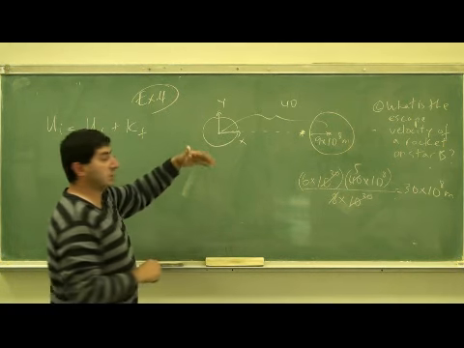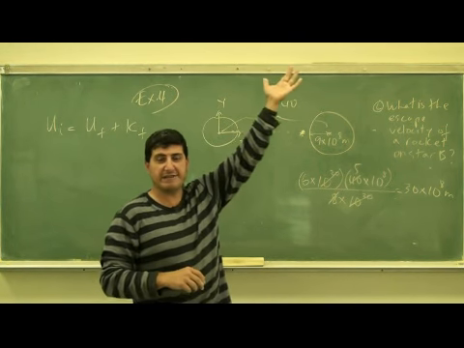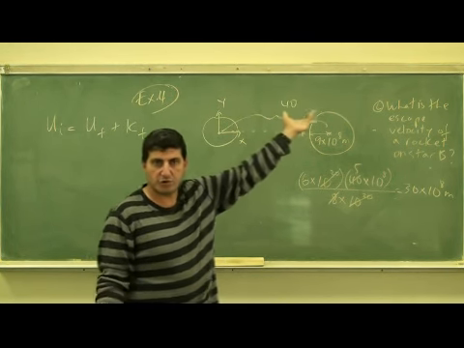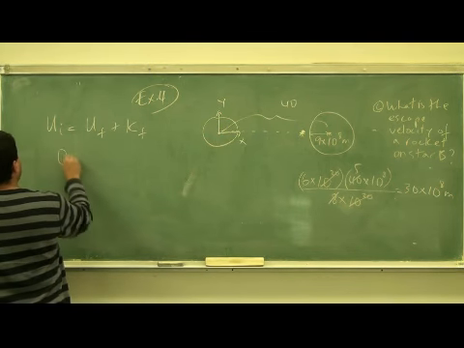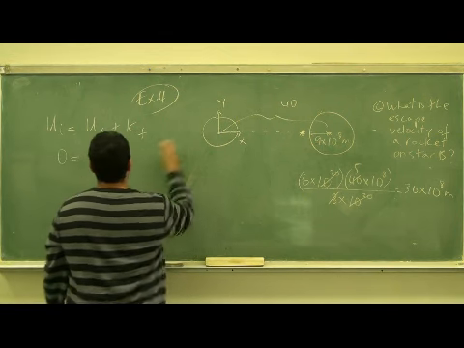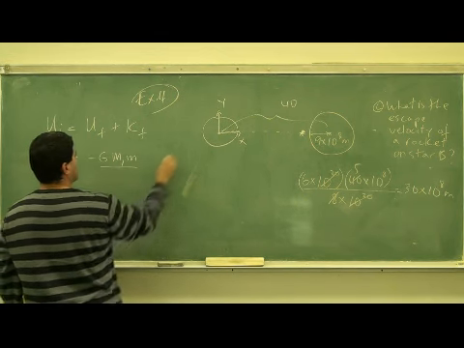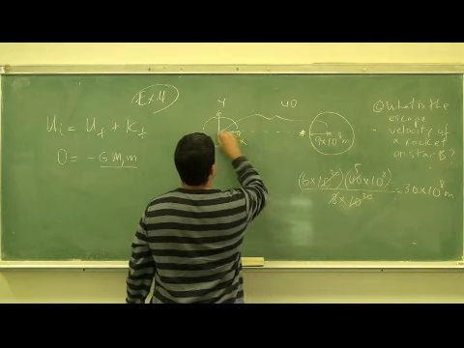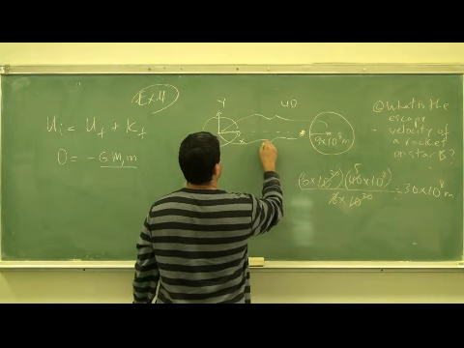The initial potential energy, if the comet starts out way at infinity, is equal to 0, it's unbounded to anything. The final potential energy is minus G mass of star 1 times mass of the comet over the distance between this and this, which we'll call x bar.